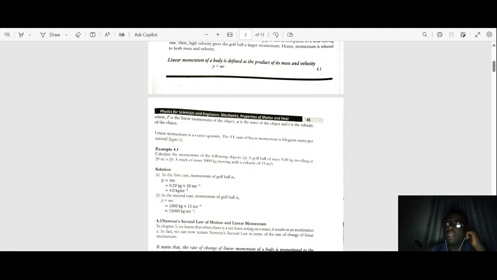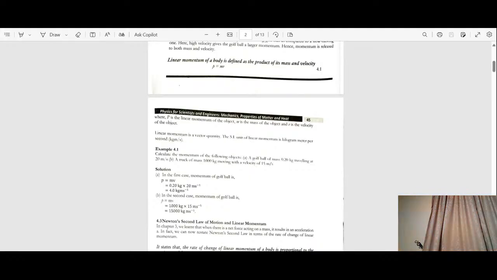Just a minute, let me turn on the backup lights. Sorry about that. There was a power failure.